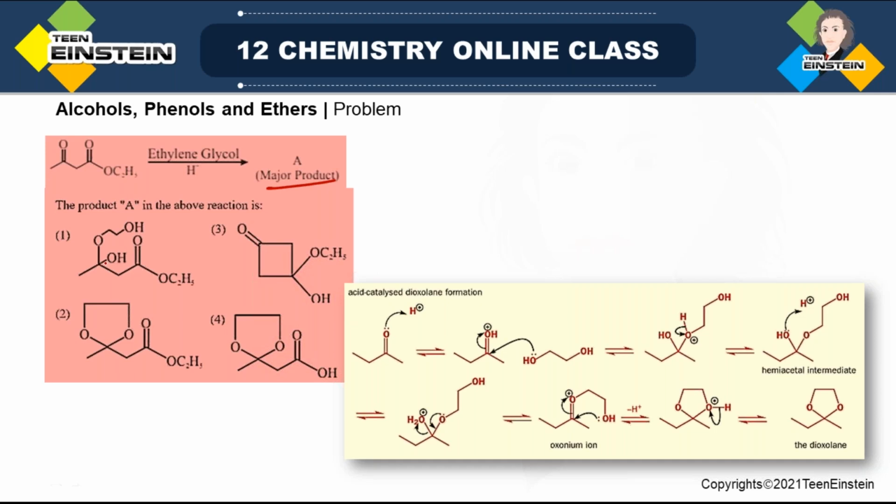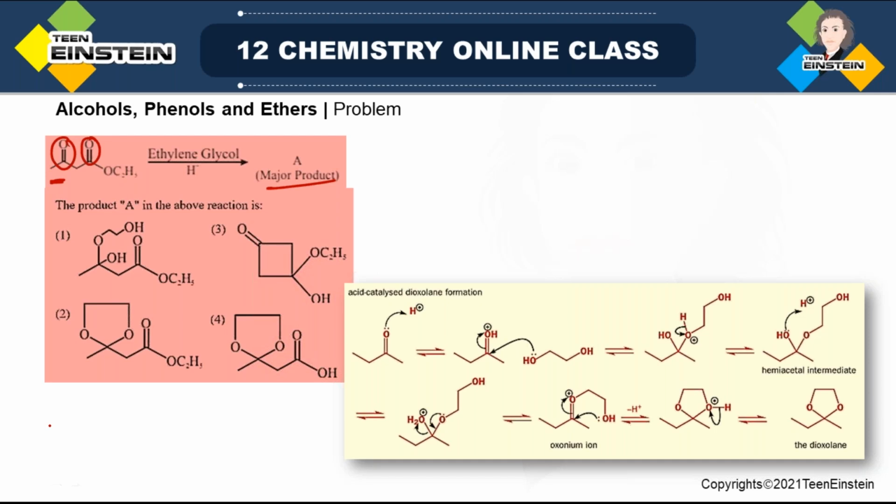Now in this molecule, we have 2 different types of carbonyl. One is the keto carbonyl, another one is the ester carbonyl. Now among these 2 carbonyl groups, which carbon is more electropositive? It is obviously the carbonyl group coming from the ketone, not the ester.